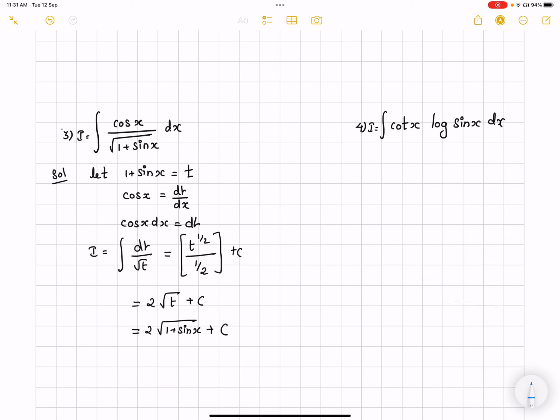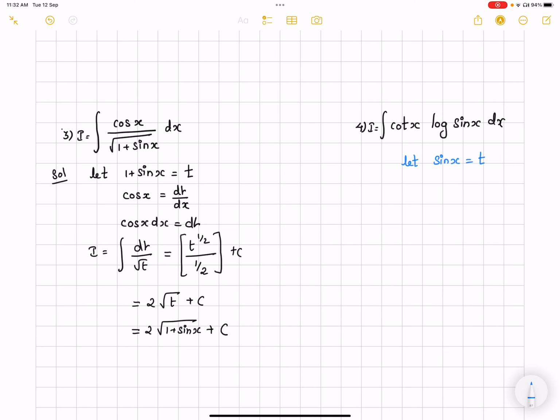Which one would we consider as t? Till now, based on what I've told, if you go for substitution, it is the one which is inside, protected, the composition of a function. In that case, for log of sin x, we would go with let sin x be equal to t.